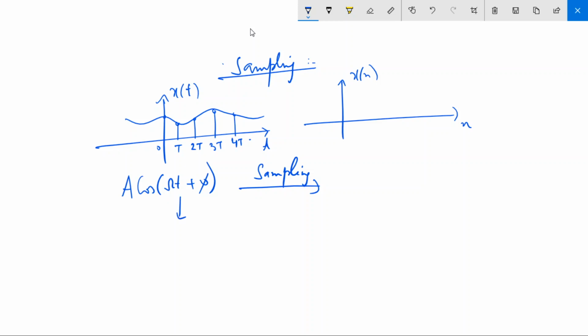It means t I have to replace with n times capital T, where capital T is my sampling time, and the inverse of sampling time is called the sampling frequency, 1 by T is Fs. So t is equal to nT and n is an integer.